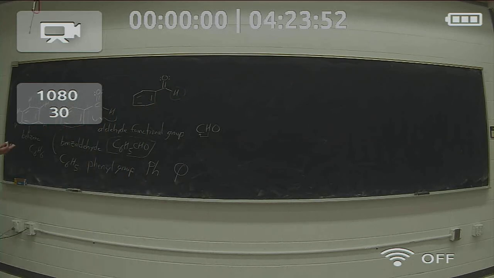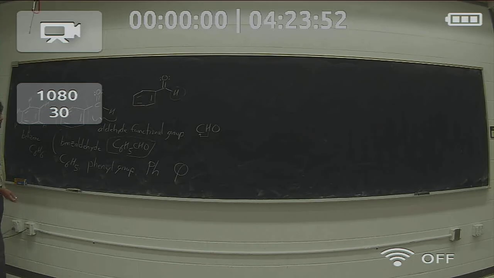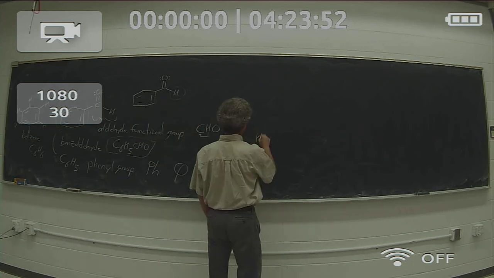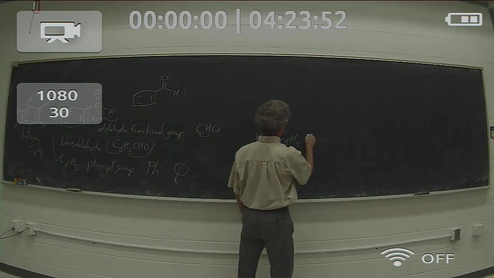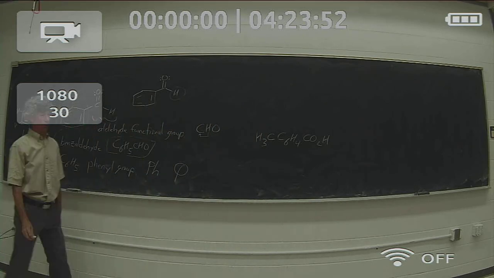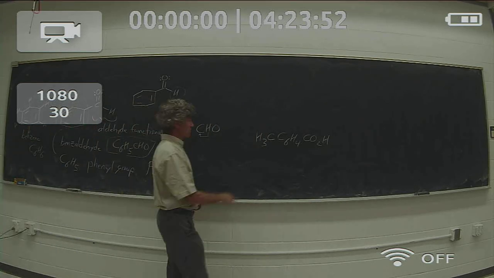So when you see a CHO in your condensed formula, you'll know that represents an aldehyde. When you see CO2H, you'll know that that represents a carboxylic acid.